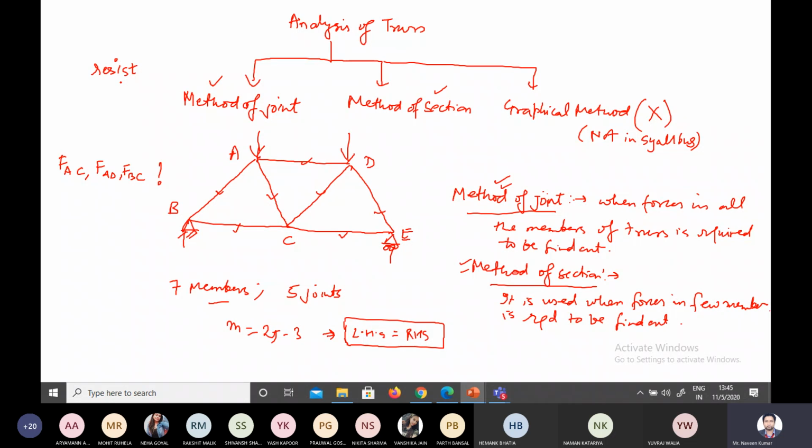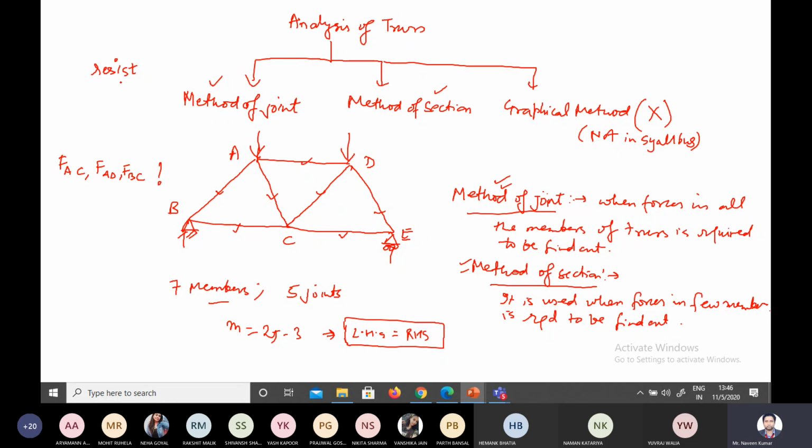It is an assemblage of number of members that can resist the geometrical distortion under any applied system of loading. Full stop. For example, these are used in bridges, transmission towers, roof, etc. Fine. The definition of truss is clear.